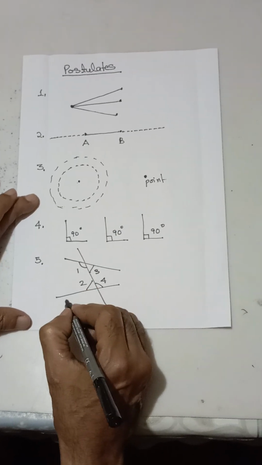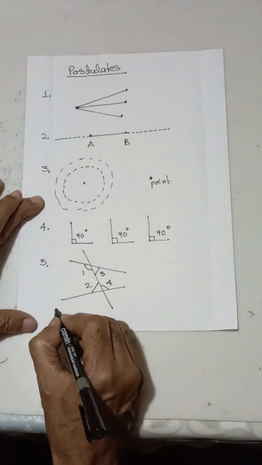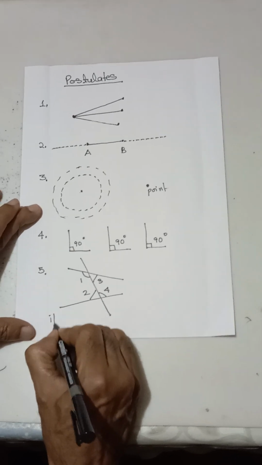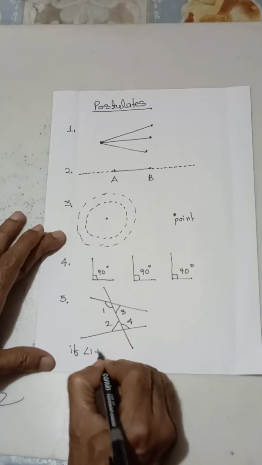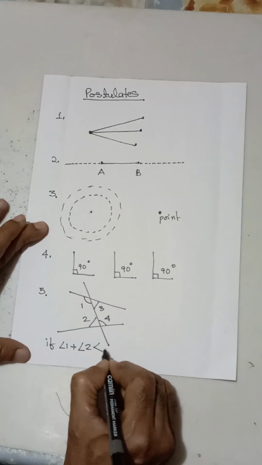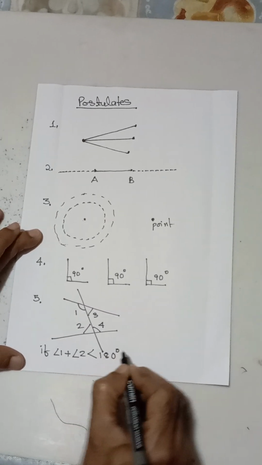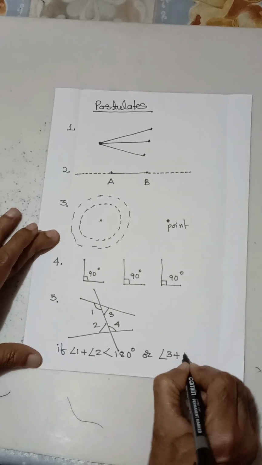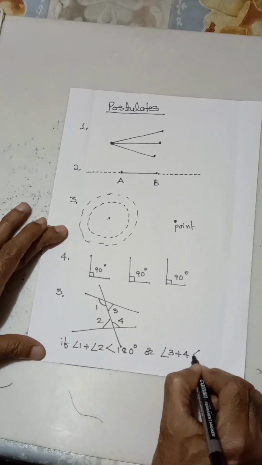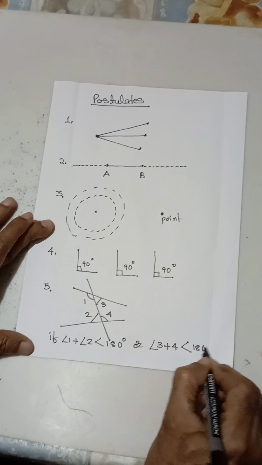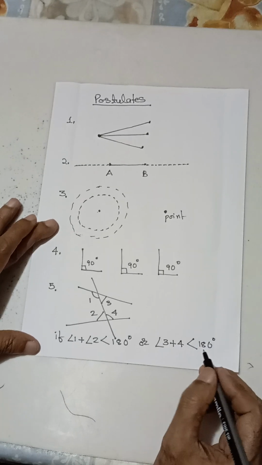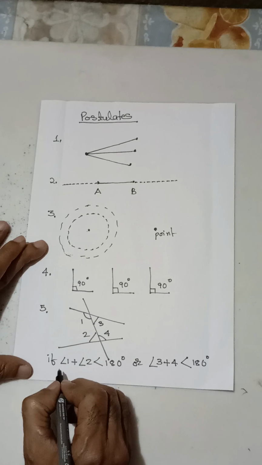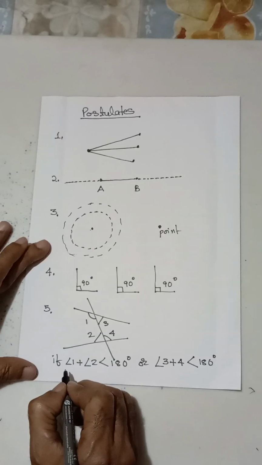If angle 1 plus angle 2 is less than 180 degrees, or angle 3 plus angle 4 is less than 180 degrees, then both lines produced will meet each other.